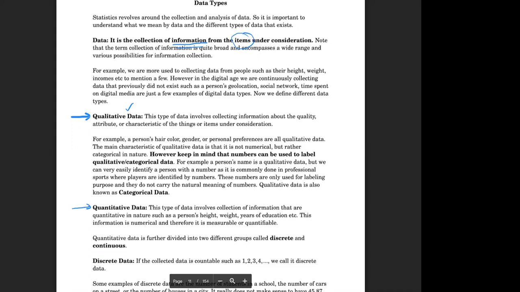Or it could be different types of cars, like Ford, GM, Chrysler, or Mercedes, BMW, Volvo. These are categorical data. Or information about different cities in the county of Monterey: Salinas, Monterey, Seaside, Prunedale, King City. So these are qualitative in nature, or categorical.